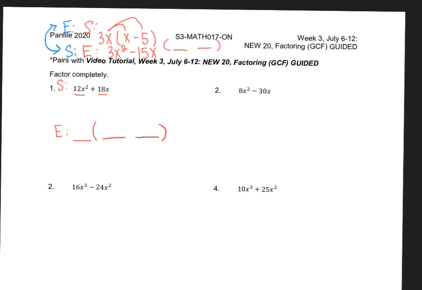What divides into both 12 and 18? Well, they're both even, so that's a 2. But then I have to figure out if there's anything bigger. 3 divides into both of them. So if 2 divides into both of them and 3 divides into both of them, most likely 6 divides into both of them. And again, this is where that multiplication chart helps.